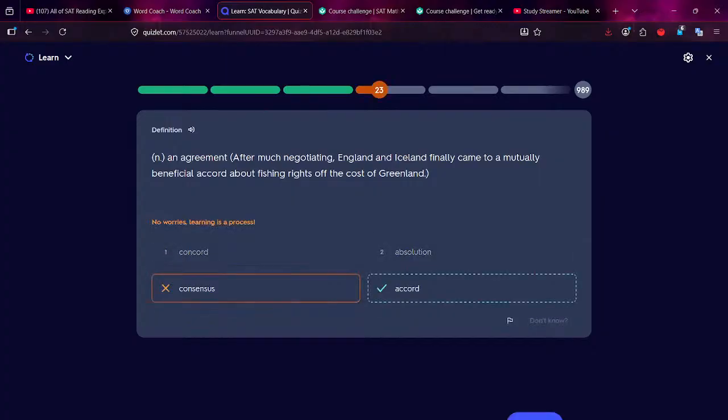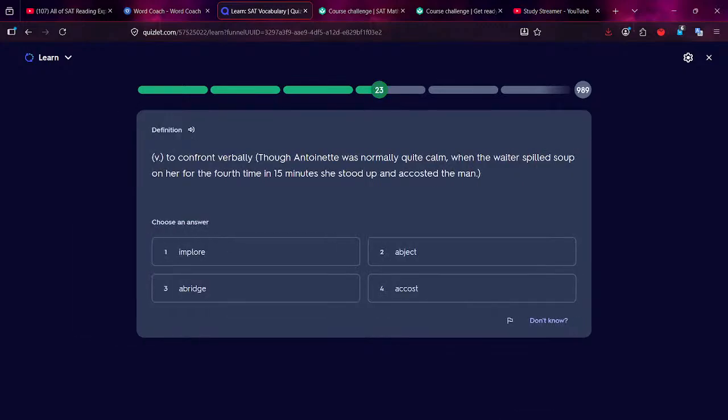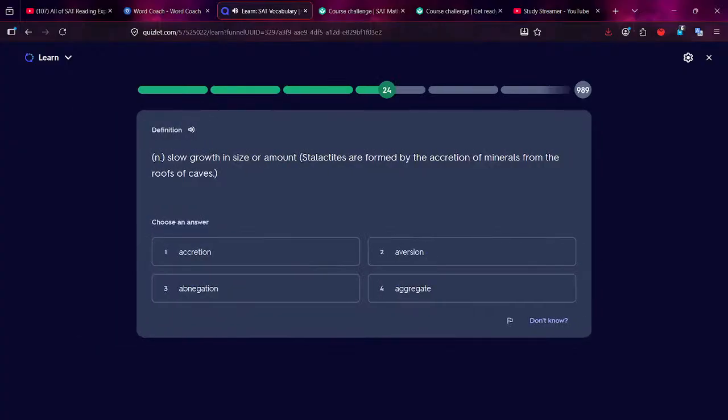Like it's accord. To confront verbally, it's probably object. Object is not verbal necessarily. Implore is going to be to plead. It's not pleading and confronting is the same thing. Abridge is a word we previously did, so it's going to be accost.